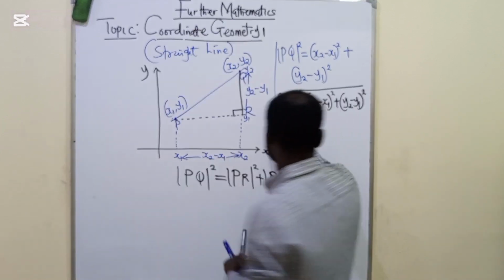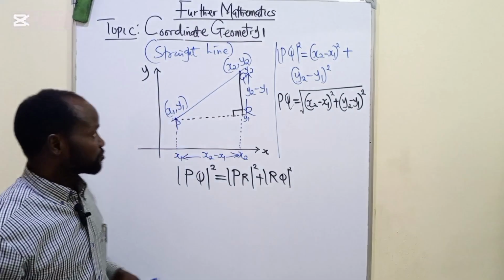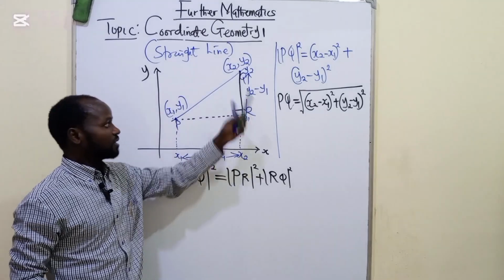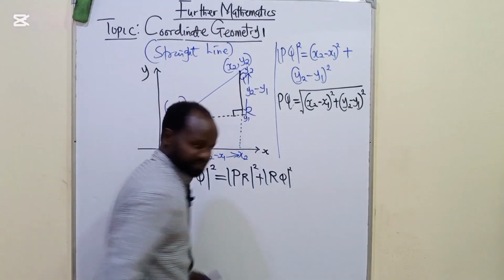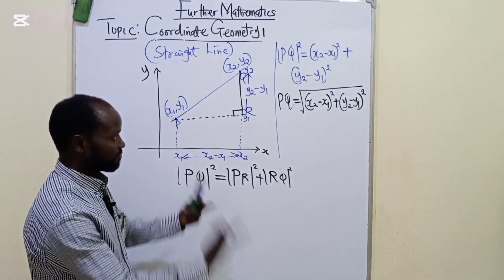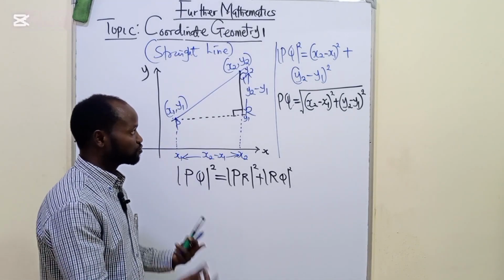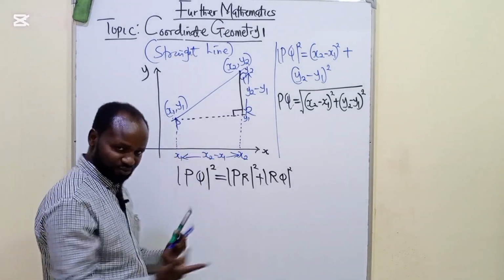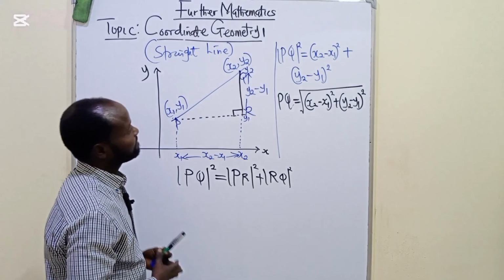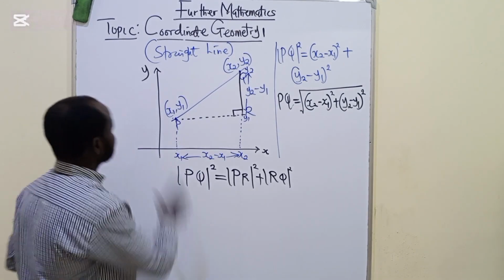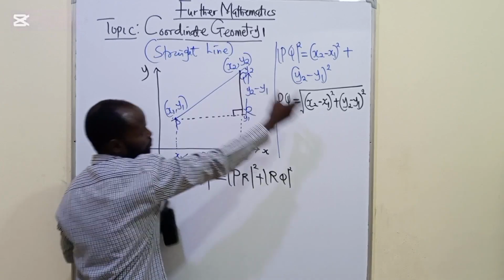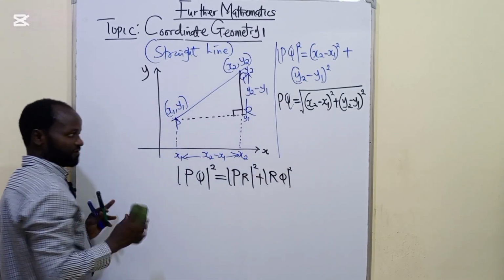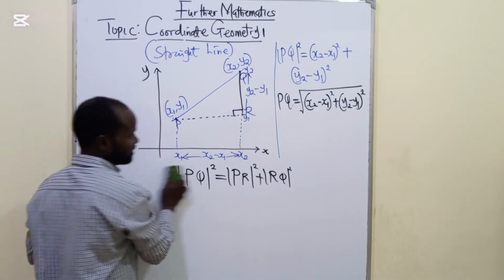And this is said to be the distance between point P and Q. Very important. So this is how we come about the formula for the distance between 2 points, and we can use this to solve a problem. So if you want to find the distance between P and Q, we use this formula.